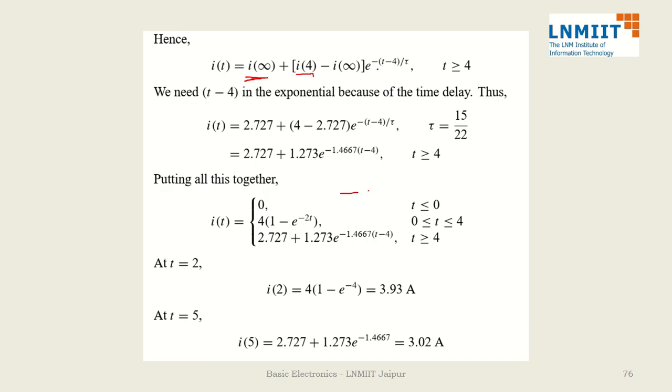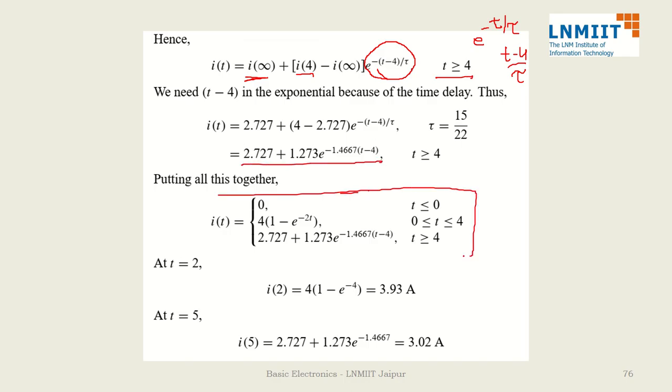But here the only thing I have to take care of is that it will not be e raised to power minus t by tau. It will be t minus 4 by tau, because this equation is valid for t greater than 4. Okay, so then I get my equation, and I can say eventually that this set of equations describes my current at different amounts of time.